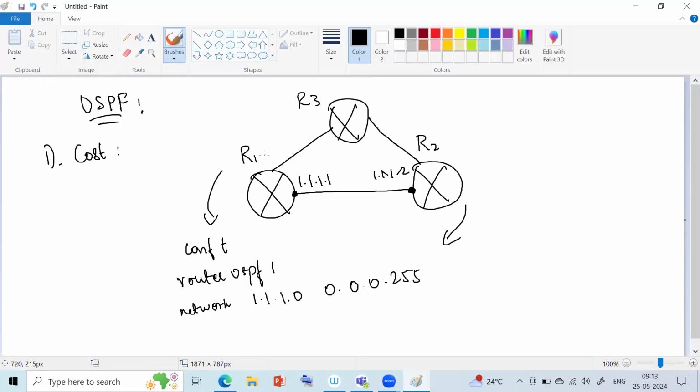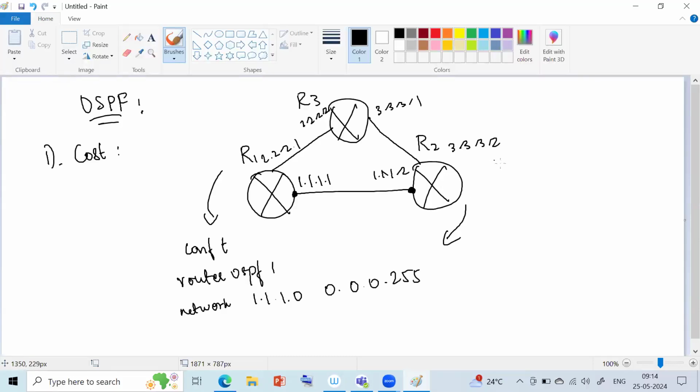And that is 2.2.2.1, 2.2.2.2. Let's say this is 3.3.3.1 and this is 3.3.3.2. Okay. Now, we have many things to see here.